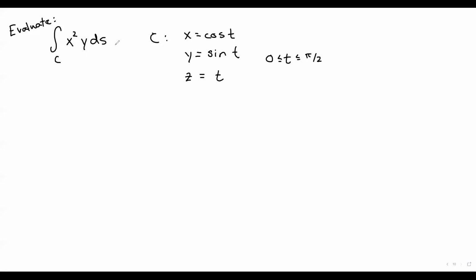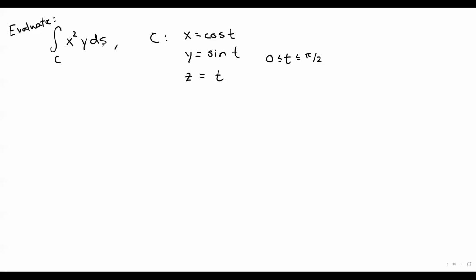Okay, so now that it's written down, the first thing you'll notice is that they start you off in the conceptual form. That is going to be pretty normal when you evaluate line integrals. Normally they're going to start you off in the conceptual form, and you're going to have to translate over into the evaluation form. All right.